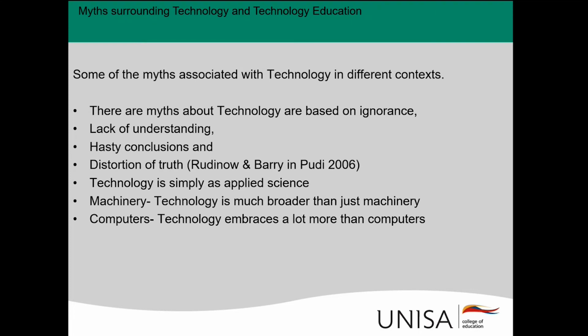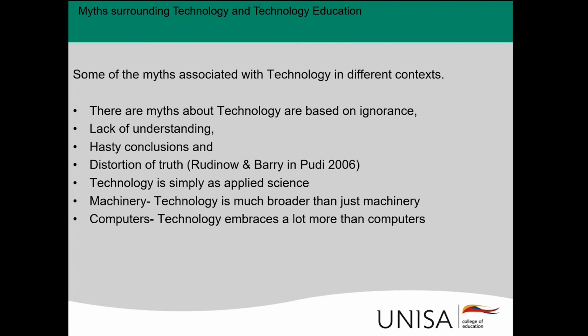And again, if they don't have an understanding of what technology is exactly, then hasty conclusions may be made based on that, which will lead to distortion of the truth. For example, simply saying that technology is applied science.